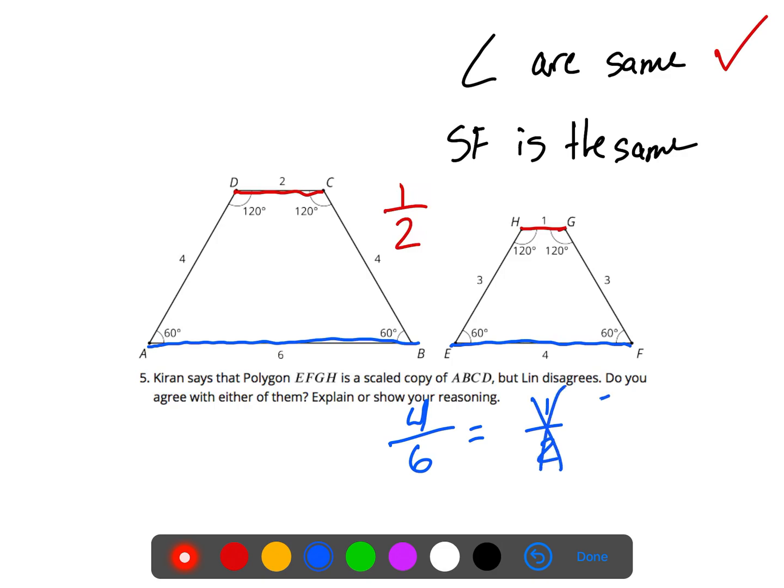It's going to simplify down to 2/3, meaning the scale factor used here was 2/3, and the scale factor used above was 1/2. Do they have the same scale factor? Absolutely not. So they are not scaled copies, and that means Lynn was correct to disagree with Kieran.